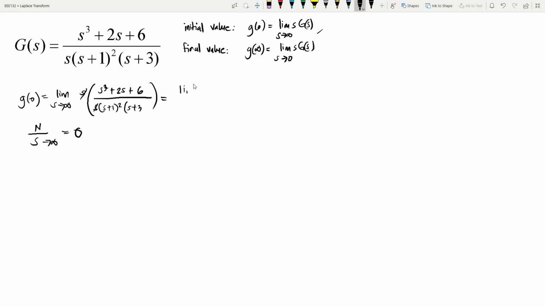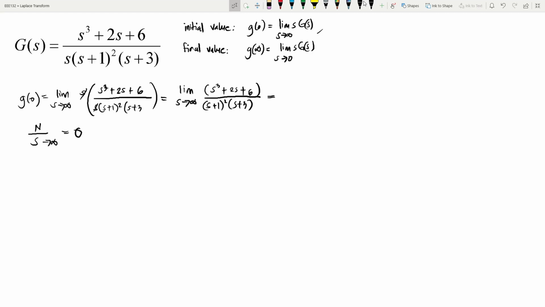We have the limit of s cubed plus 2s plus 6 over s plus 1 squared times s plus 3. So we need to factor out s cubed in the numerator.